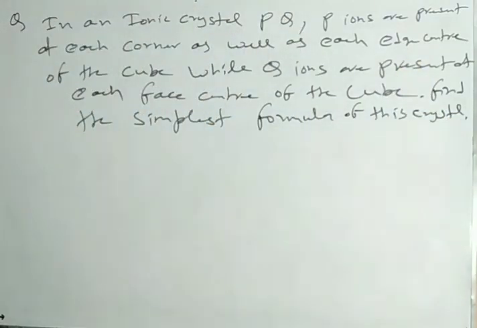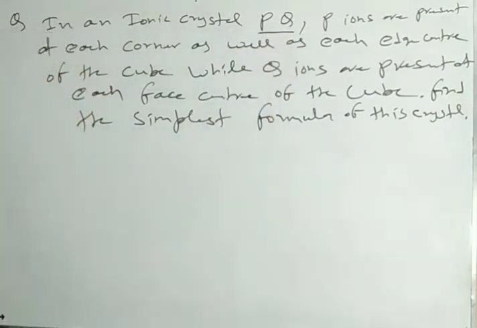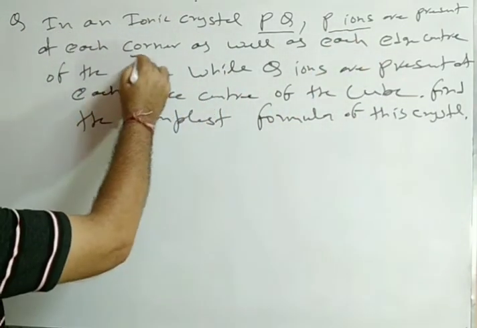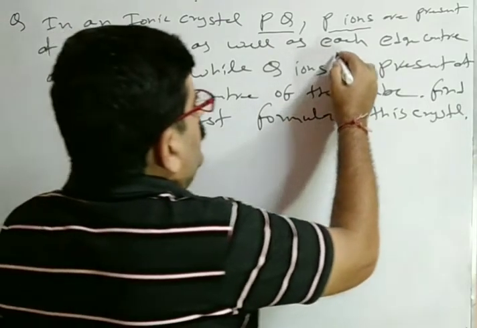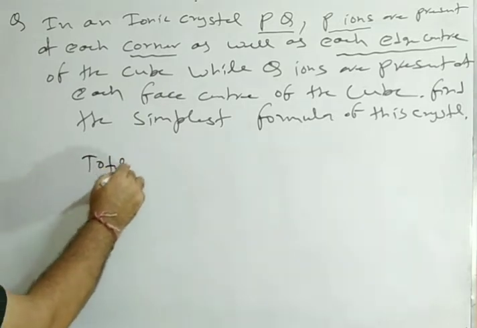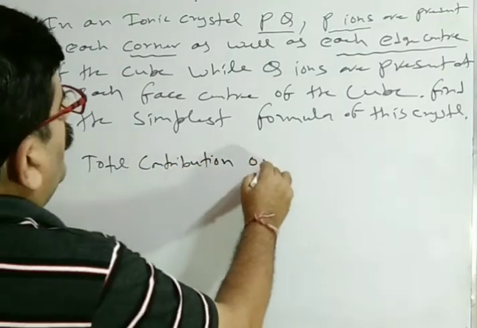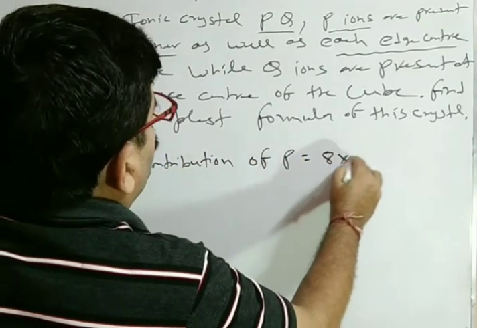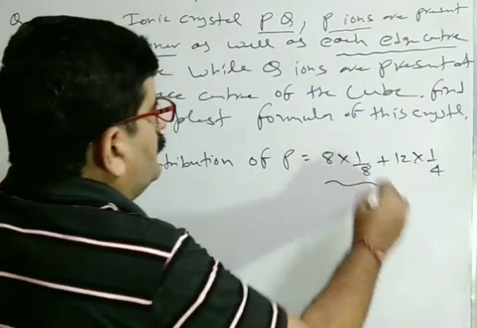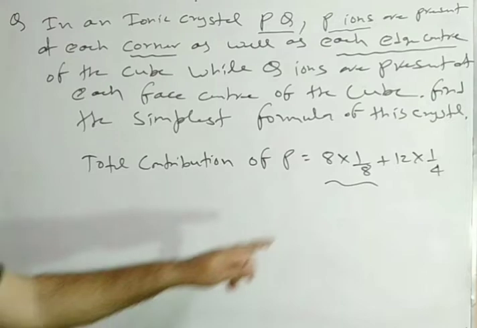So according to this numerical, an ionic crystal PQ is given. P ions are present at each corner as well as each edge center. So we can write what? Total contribution of P is equal to 8 into 1 by 8 plus 12 into 1 by 4. We know that contribution from one corner lattice point is 1 by 8.